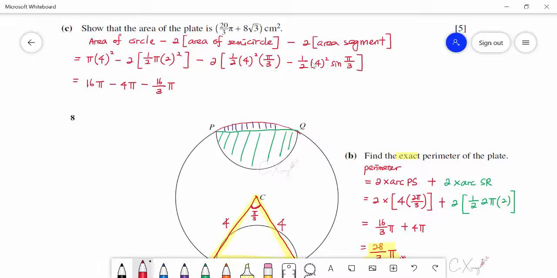Then the last term here, when I multiply it in, I will have positive 16 also. And then the value for sine pi over 3 will be square root 3 over 2. Okay, so if I simplify further, 16 pi minus 4 pi minus 16 pi over 3, I will have 20 over 3 pi, then plus 8 root 3. Because for this one, we can simplify, right?